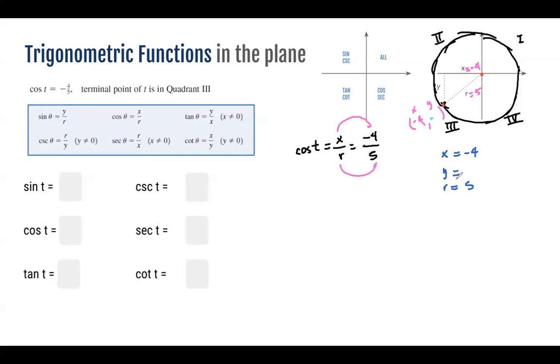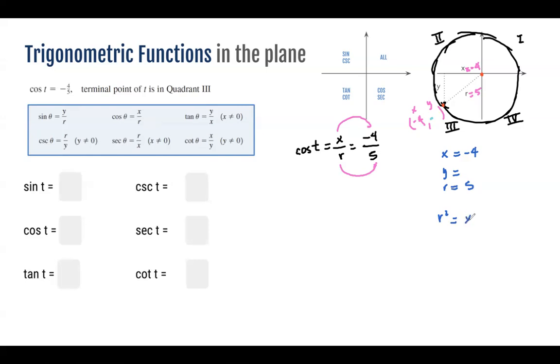We know that x is equal to minus 4, and we know that r is equal to 5, always positive, and we're missing y. But because this is a circle, and because we have a figure that resembles a triangle inside of a circle, we can use the fact that r squared, or the thing that we used to know as the hypotenuse squared, is equal to the x, which would be the adjacent, and y the opposite.